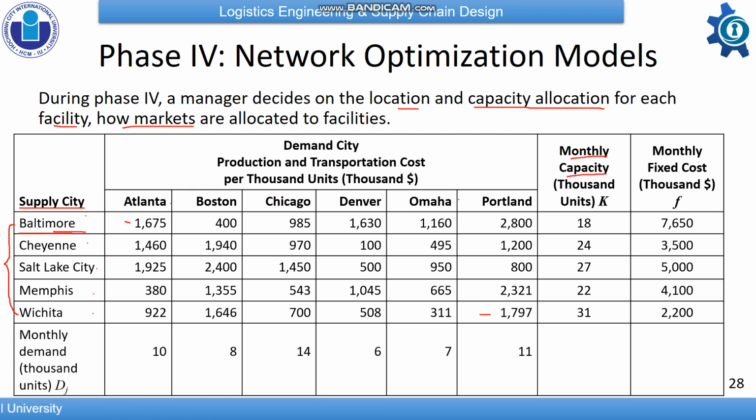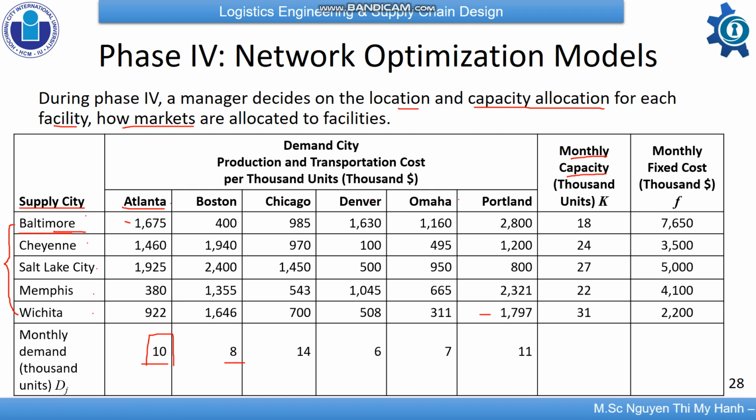And in this row is the monthly demand of the market J. So for example, 10,000 units is the monthly demand of the market in Atlanta. Or in Boston, the monthly demand is 8,000.